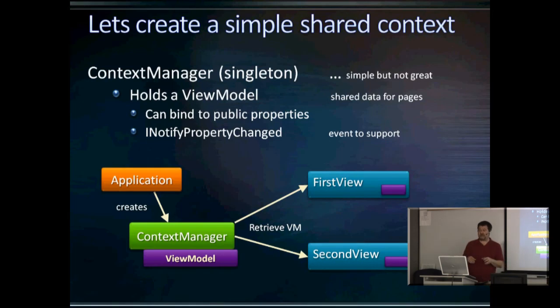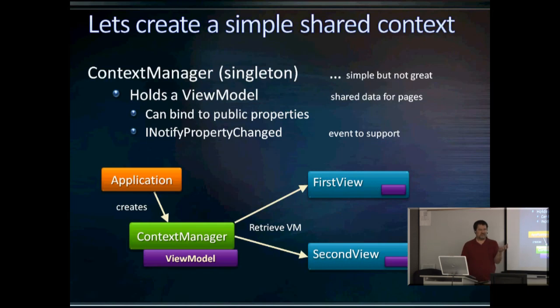So we want to share this, and if we share view models, each page can then say, here's my view model, get the stuff I need, and it's a place to share data in a controlled way. I'm doing this with some cheats, but trying to simply show you how to do this. Each view takes that purple view model you see here that's built in the application and stuck in the context manager, and when we create it, we automatically put it in construction.